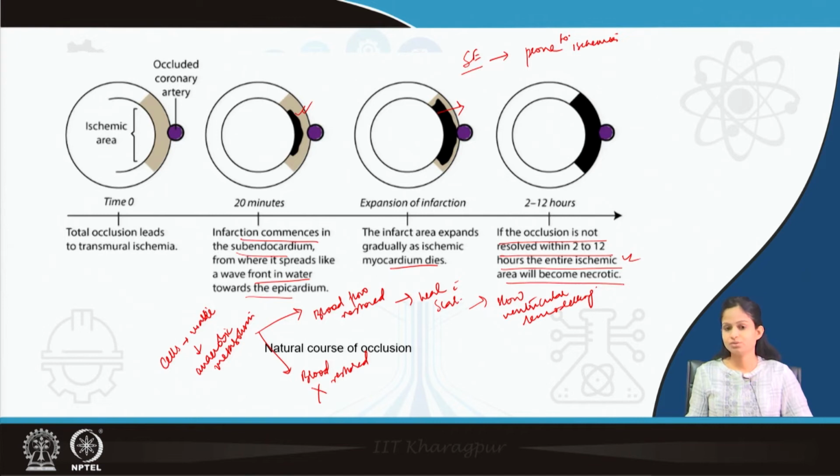Also, we know the coronary blood flow is from epicardium to endocardium. That is why the subendocardial region is very prone to ischemia. Ischemia occurs in the subendocardial region, and it will spread to the epicardial region. So, this is the natural course of occlusion.